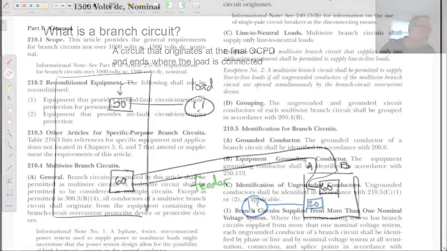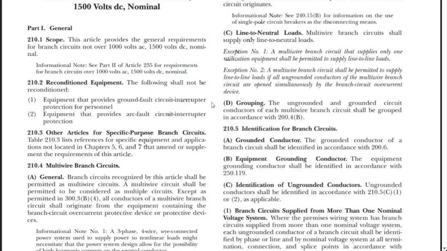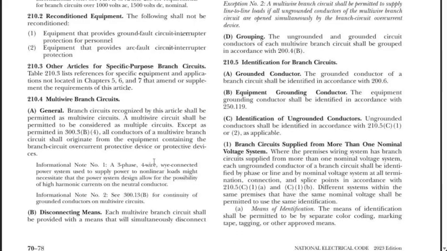Now let's jump over into the article. This is why I said we have to know where we're at in the circuit system to understand the rest of this. Because if I just start with multi-wire branch circuit, it's not going to make sense immediately. So let's read A, 210 multi-wire branch circuits.